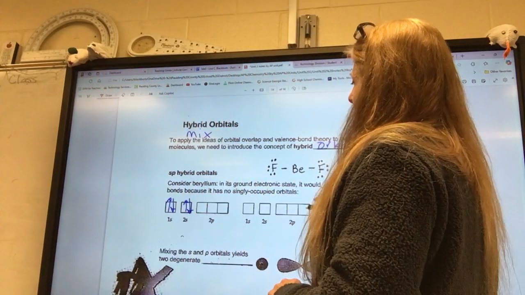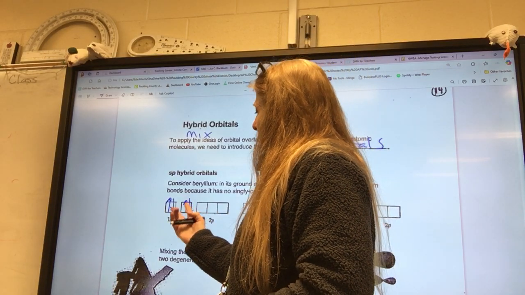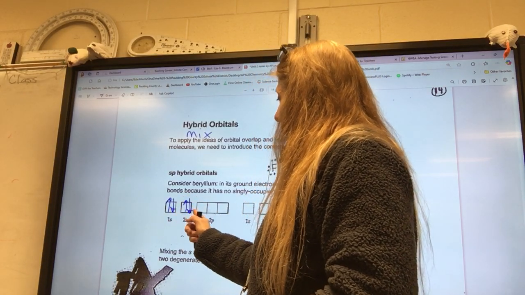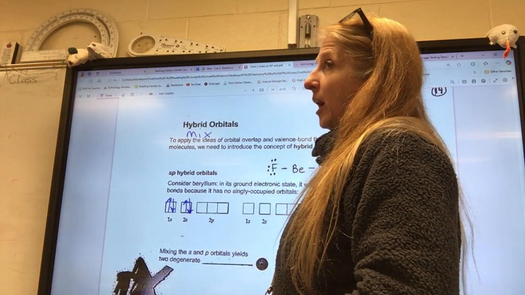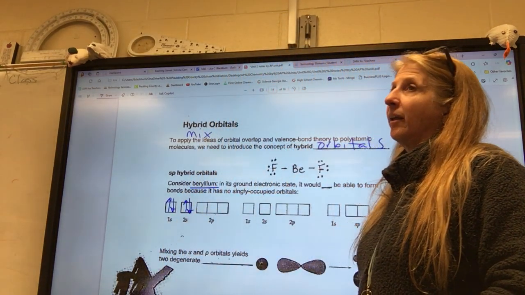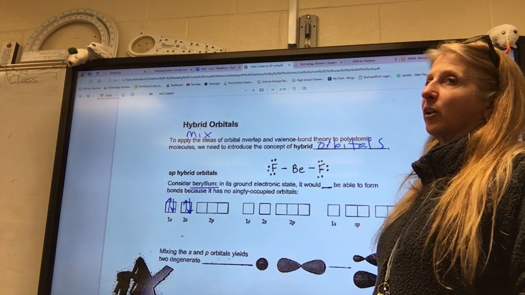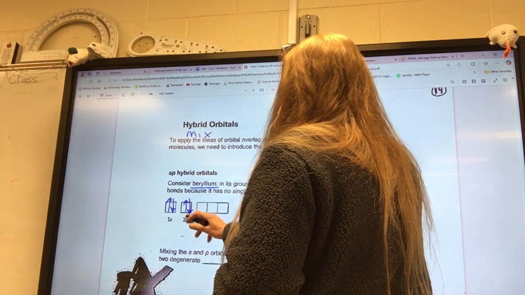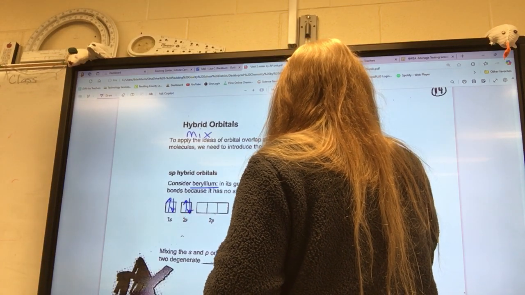Okay, but where atoms make bonds is where you have a box with only one arrow in it. And that would mean that beryllium can never make a covalent bond. But it does. So if it was this, it would not be able to form bonds.